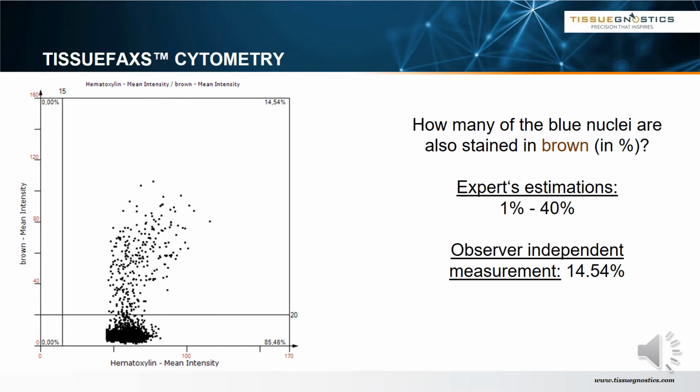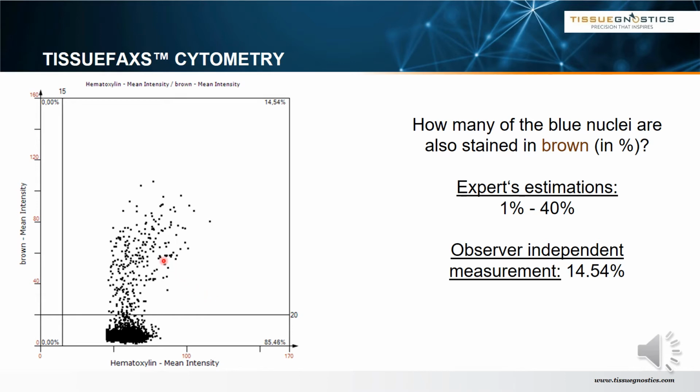People in flow cytometry would call it a dot plot, where we see here on the x-axis the mean intensity of the hematoxylin staining, and here on the y-axis the mean intensity of the brown staining, in this case Ki67. The line here is well known from flow cytometry. It is called the cutoff. This has to be set in accordance to an isotype matched negative control, and it determines the specificity of our staining.